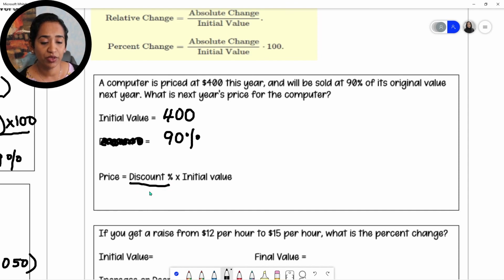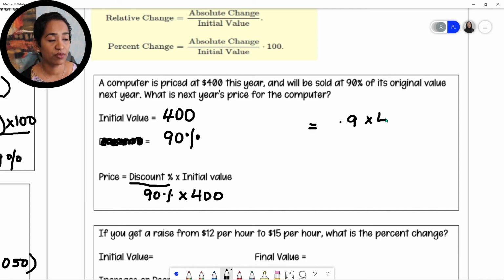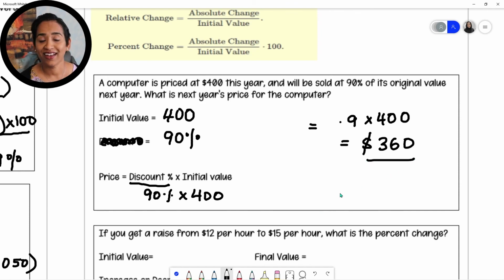So it's 90% times its initial value, which is 400. So 0.9 times 400, which is $360. This year the computer is 400. Next year it's sold at 90%. So 90% times 400 is $360.